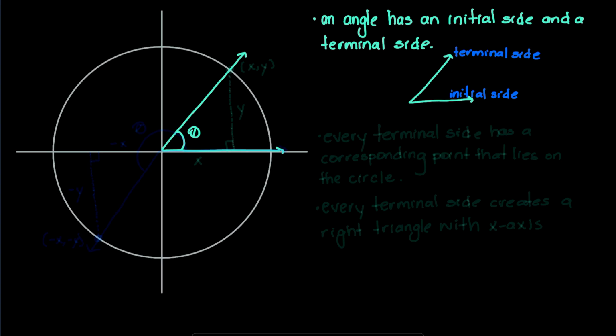We could also have another angle. Initial side is still on the positive x-axis, but now we've created this large angle that goes all the way into quadrant 3, and that's a different theta. So our terminal side can rotate all the way around our circle. Our initial side stays on the x-axis.